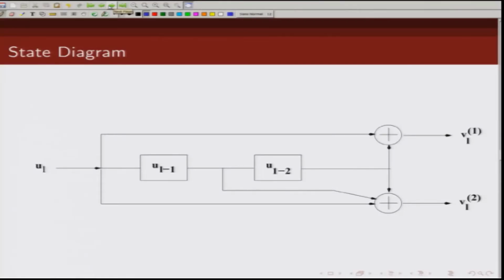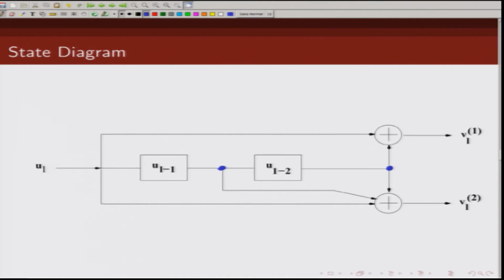So, let us take the same example that we have been dealing with so far. This is a rate 1 by 2 convolutional code with memory 2, and the state of this convolutional encoder is given by the content of these shift registers, which I am denoting by these blue dots. So, what is the content here and what is the content here? That is essentially the state of the convolutional encoder.